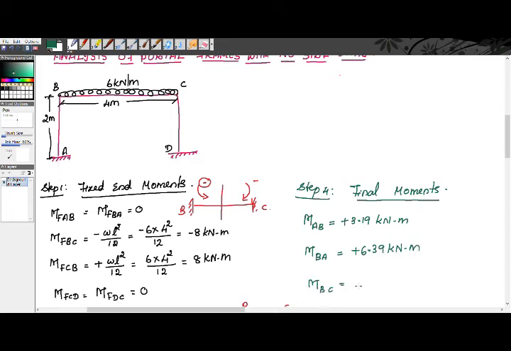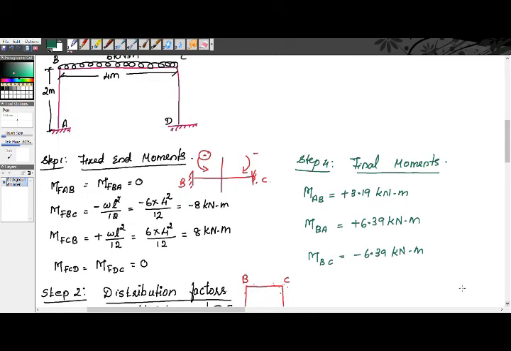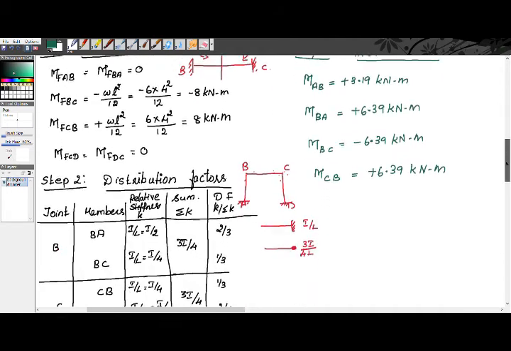MBC is equal to minus 6.39 kilonewton meter. MCB is equal to plus 6.39 kilonewton meter. MCD is equal to minus 6.39 kilonewton meter, and MDC will be equal to minus 3.19 kilonewton meter.